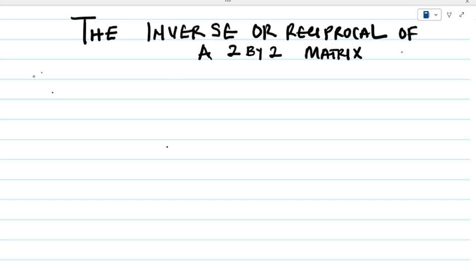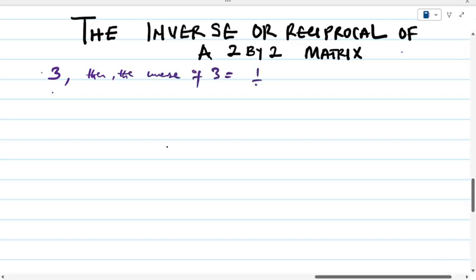Let me start from the familiar inverse we knew. If we have a number, let's say 3, then the inverse or the reciprocal of 3 is equal to 1 over 3.